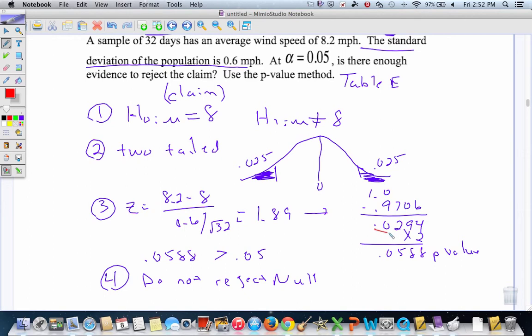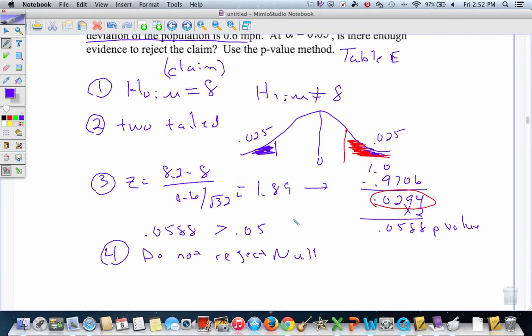If you want to use the shading idea, I'm just going to shade the smaller part of that. So 0.0294, if I were to shade, would be slightly larger than 0.025. So I'd come into the previously unshaded area, which again from our work the other day also would tell us to not reject the null.